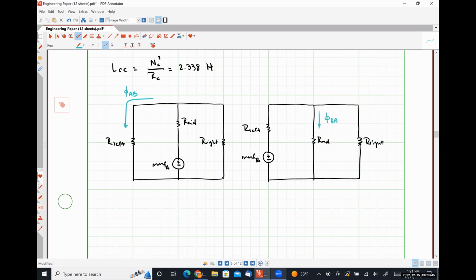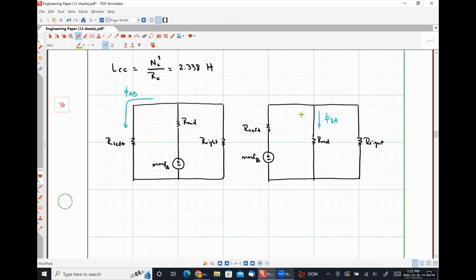So what I'm going to do to find phi BA is effectively use voltage division, except that it's going to be MMF division, because this is a magnetic circuit, and Ohm's law for magnetic circuits. So you guys remember how voltage division works?